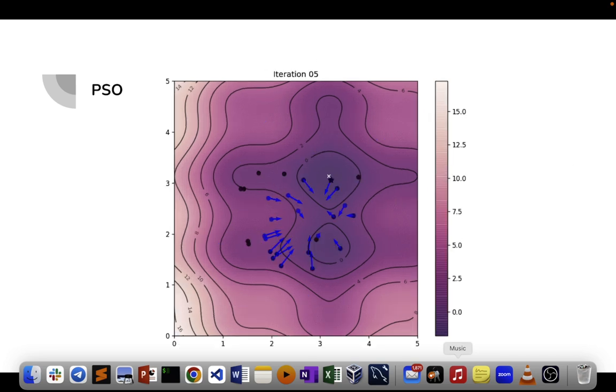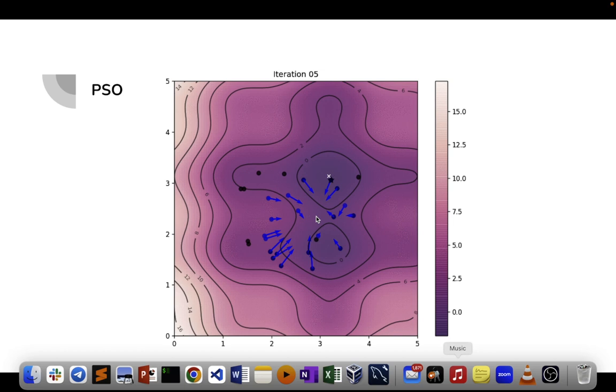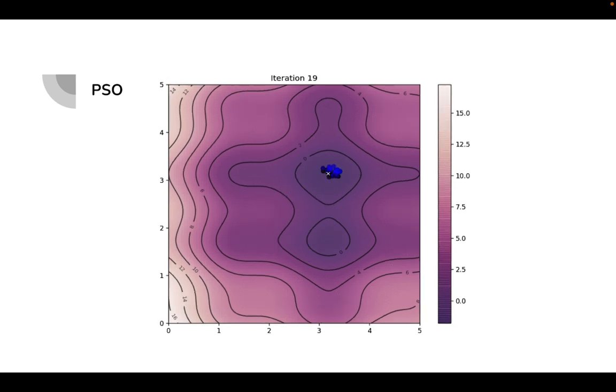After the fifth iteration, note that the global best has shifted from where it was in the first iteration to here, which is almost closer to the final solution, the global minimum. If we keep running the algorithm, after the 19th iteration we can see that we are already very close to the optimal.